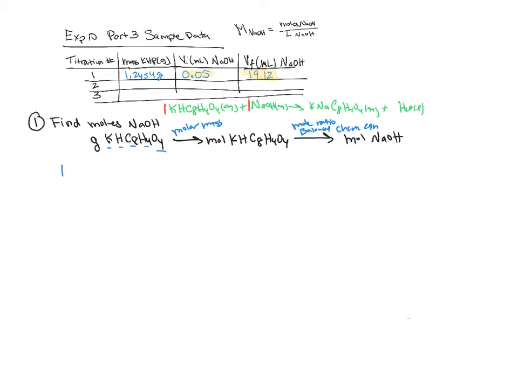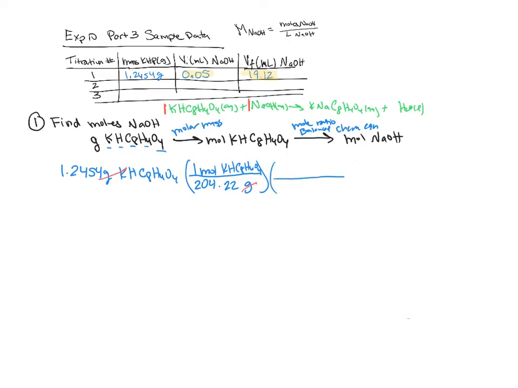So I'm going to start with my 1.2454 grams of KHC8H4O4, and I need units of grams downstairs to cancel, moles upstairs, and a molar mass for every 1 mole of KHC8H4O4. The mass we solve for in our pre-lab of this experiment, 204.22 grams. So I can see my grams of KHP cancel.